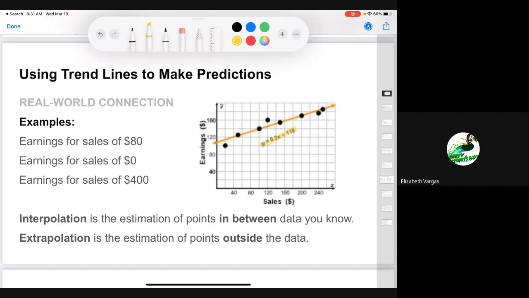So once we are able to find our equation for our trend line, which in this case it gives it to us, what we're able to do is actually make predictions. So we're able to predict how the trend line will act as it moves further down the graph, right? So if the graph were to extend out, we're able to predict what the relationship will be and how it will be affected.